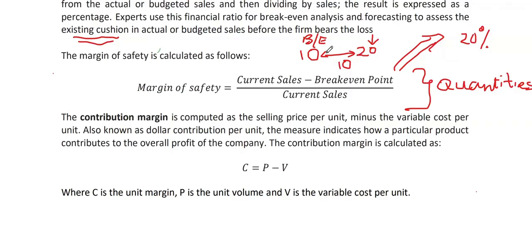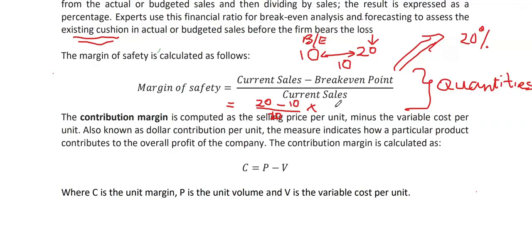So it is the distance that your current sales provide you beyond your break-even point. If we were to calculate the margin of safety now, it would be 20 current sales quantity minus 10 break-even sales quantity, divided by 20 current sales, which would be 50%, right?